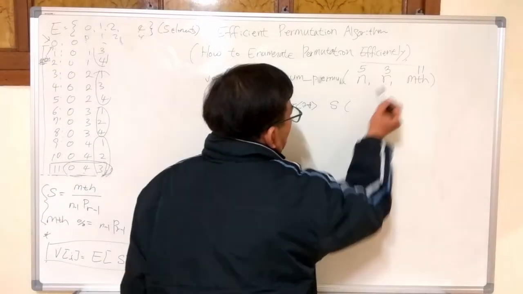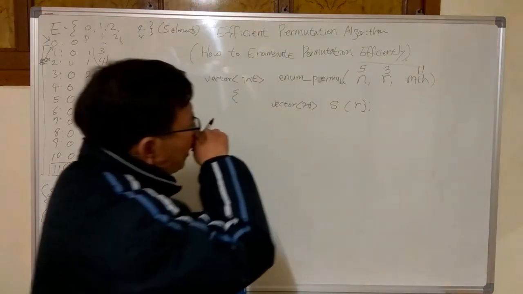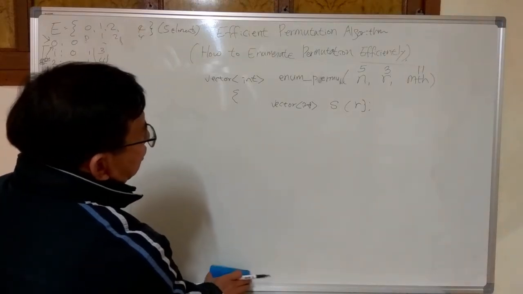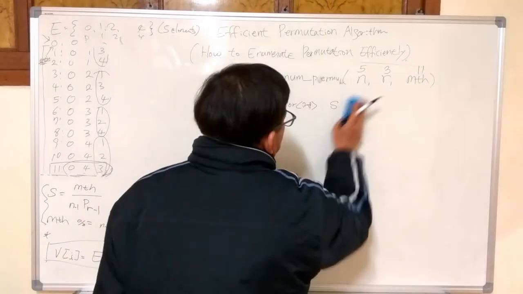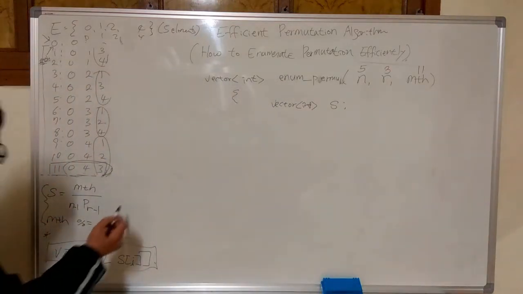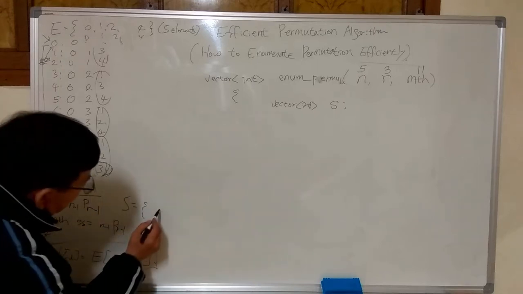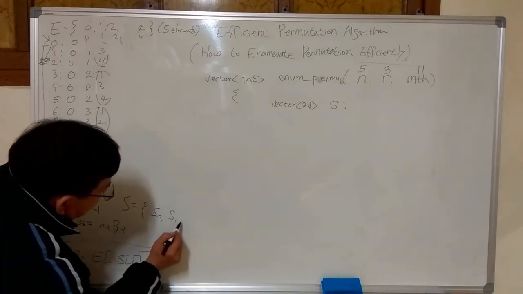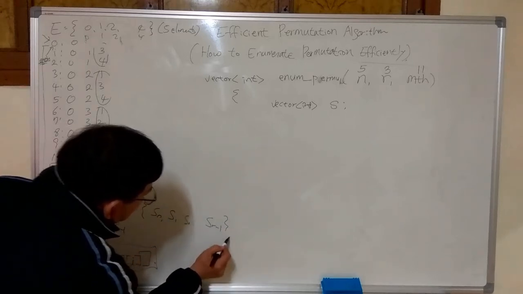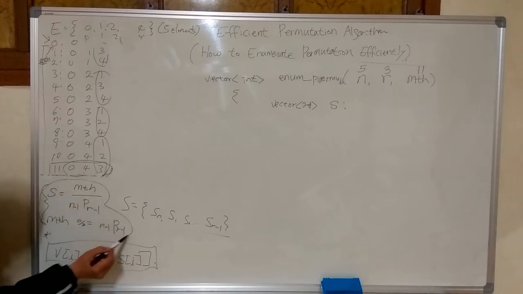So we can say R like this. Actually, we don't need this. Then we are creating this vector S set, the index set: S0, S1, S2, up to SR minus 1. We are using this algorithm as I explained before.